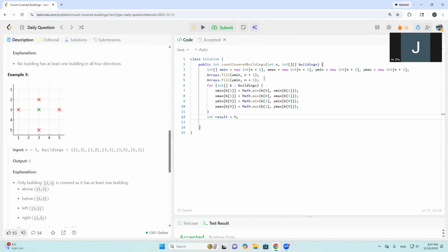For the y coordinate we compare the x min and x max, and for the x coordinate we compare the y min and y max. So for every building in buildings, if x min b1 is smaller than b0 and b0, the x coordinate, is smaller than x max b1, and y min b0 is smaller than b1 and b1 is smaller than y max b0, then our result will increase. In the end, just return the result.